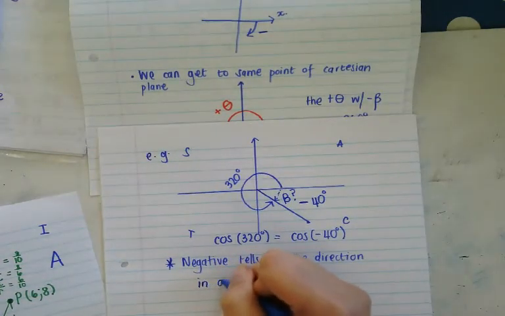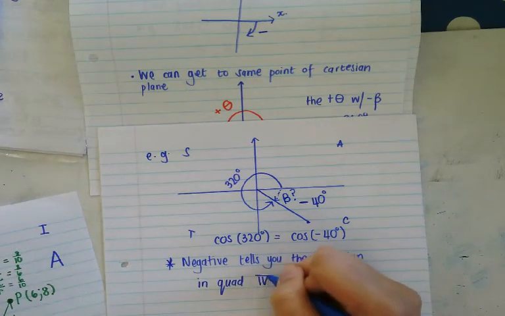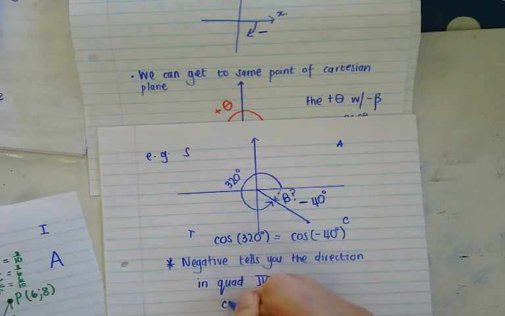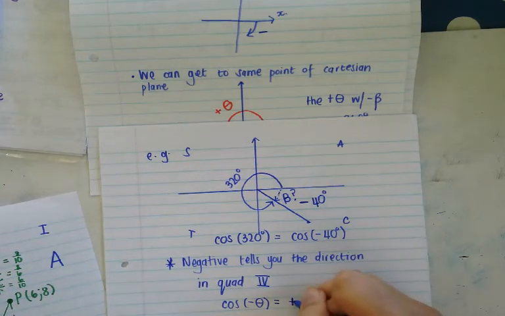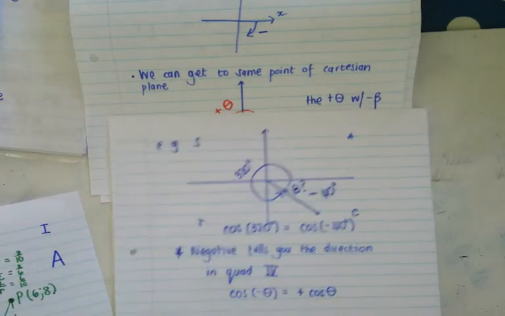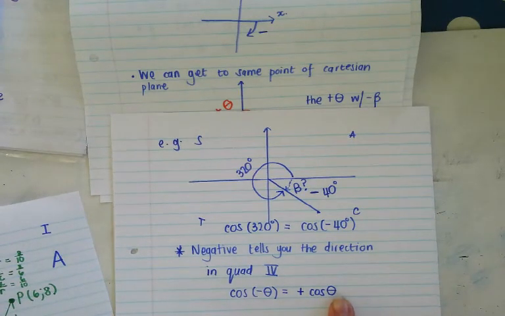In quadrant 4, cos of negative theta, I can measure the positive angle, but it'll still be positive because of where it is in the quadrant. So I can take the value of theta and it will still be a positive value.